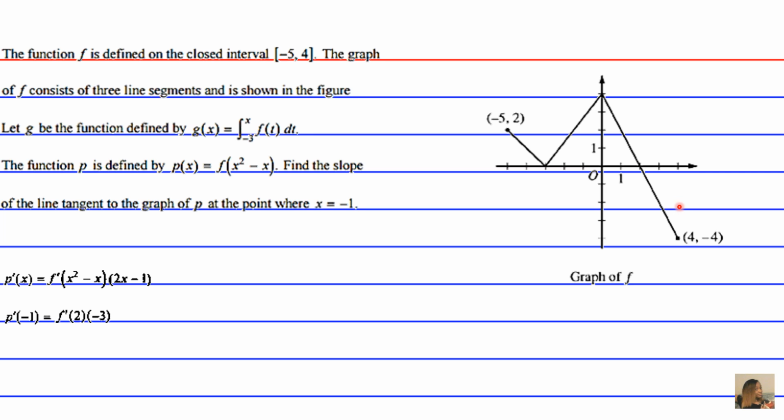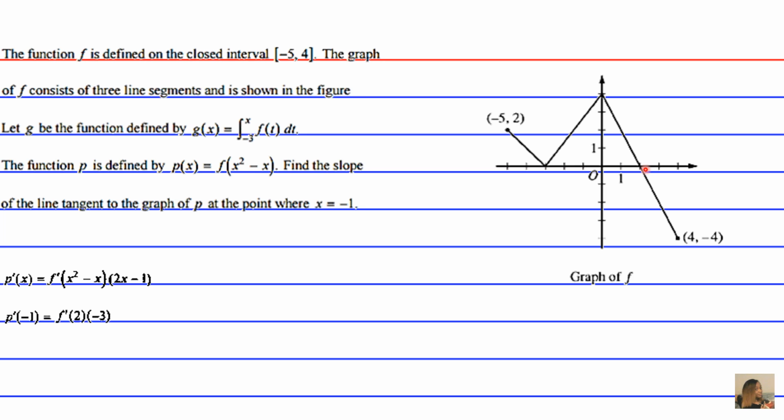So we know that the formula for our slope is y2 minus y1 over x2 minus x1. Our y2 is going to be -4, and our y1 is basically 0, so -4 minus 0 in the numerator, over our x2, which is 4, and our x1, which is 2.